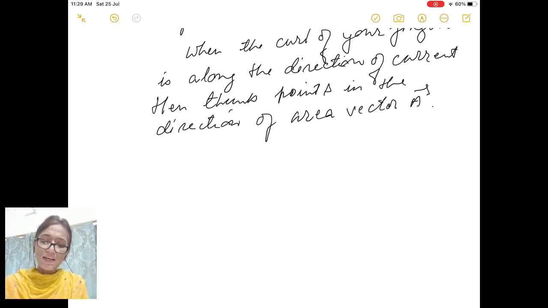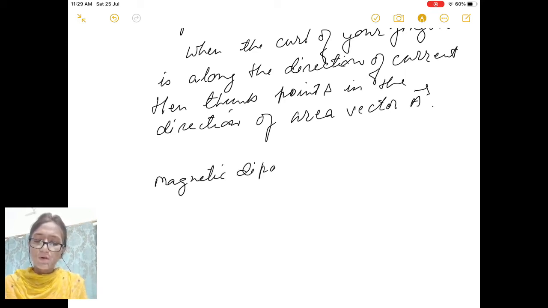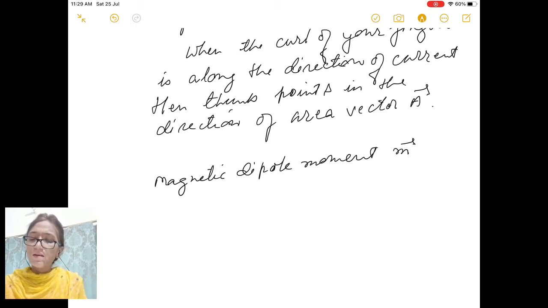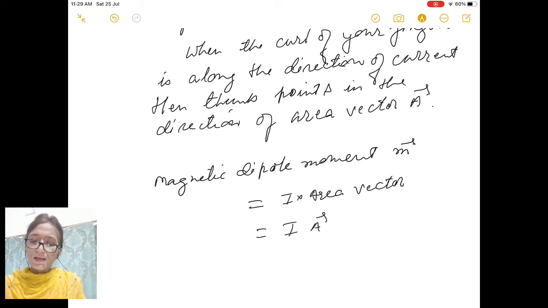So one more vector is here, the magnetic dipole moment, vector M, and this is equal to the current in the loop into the area vector, meaning I into vector A.